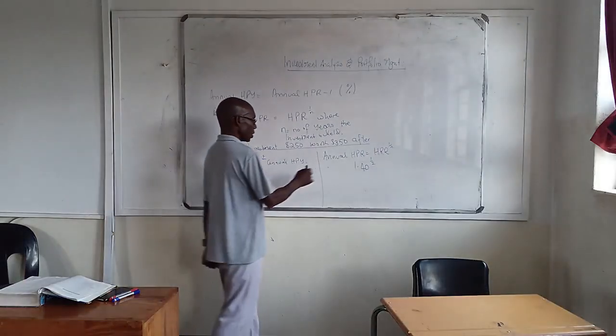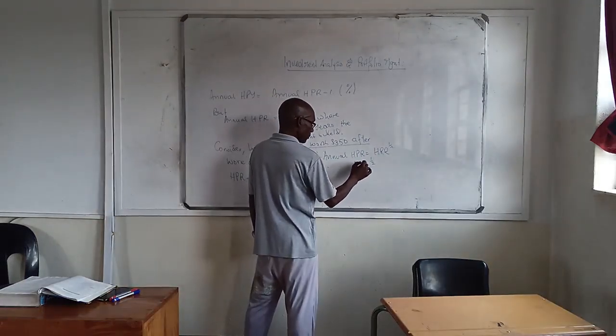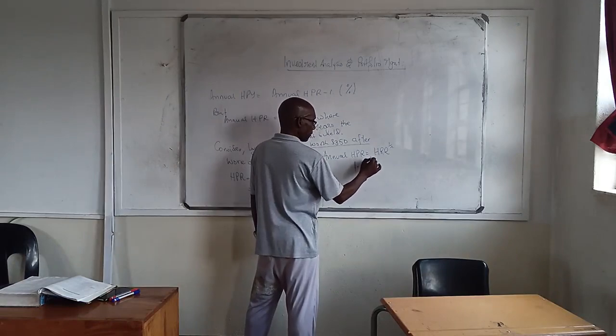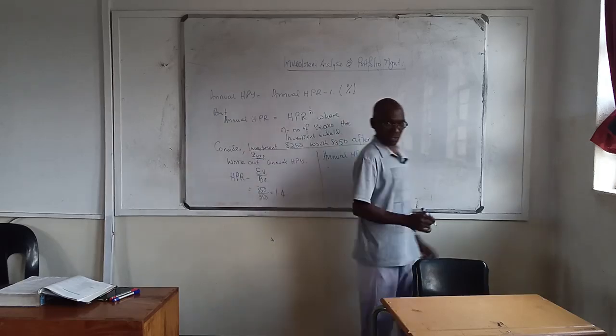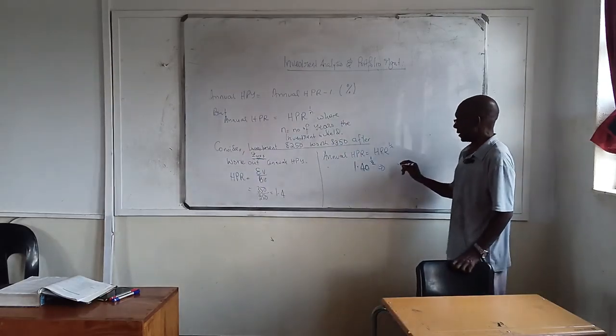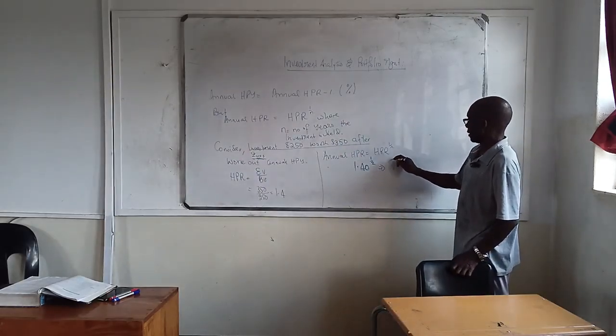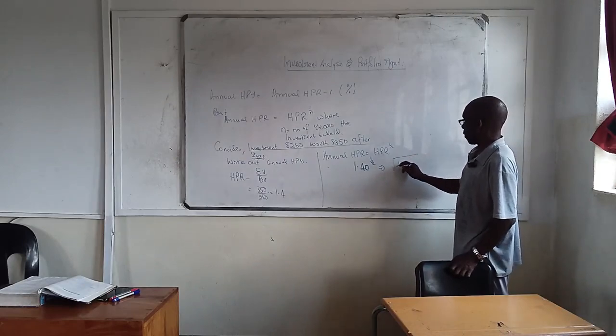If you say it is 1.4 to the power half, it means this is the square root of 1.40.